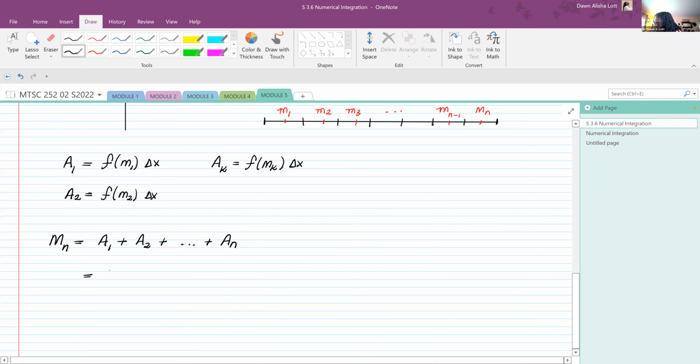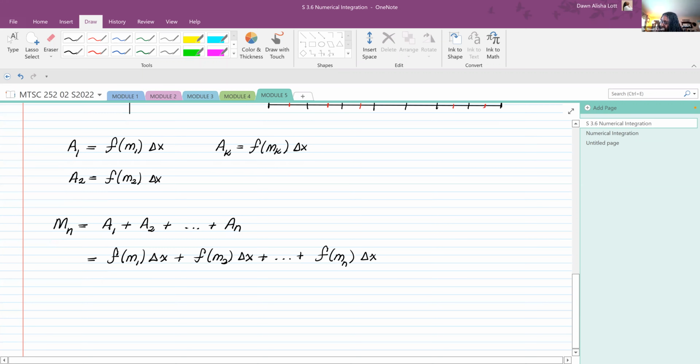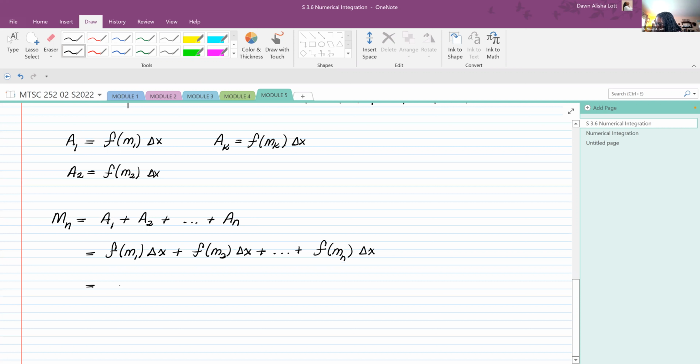That says take f of M1 times delta x plus f of M2 times delta x, all the way up to the last one, which is f of Mn times delta x. So as you can see, I can factor the delta x out. And what I am left with is just the sum k equals 1 to n of f of Mk. Oops, not xk, I apologize, Mk.